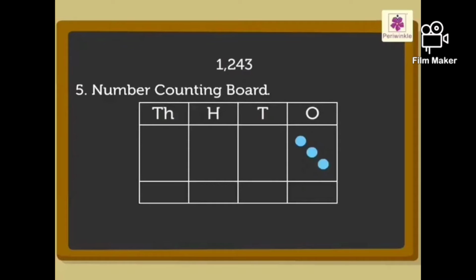Use 3 blue counters to show 3 ones. Use 4 red counters to show 4 tens. Use 2 green counters to show 2 hundreds. Use 1 yellow counter to show 1000.